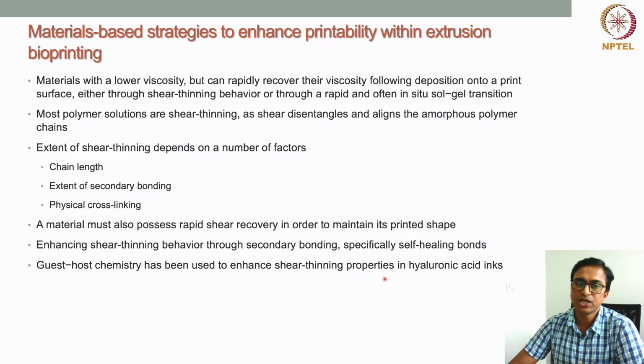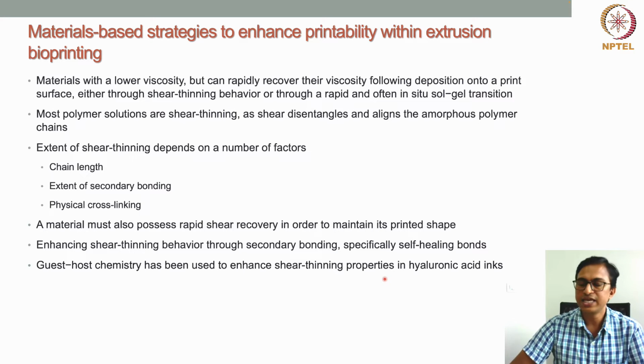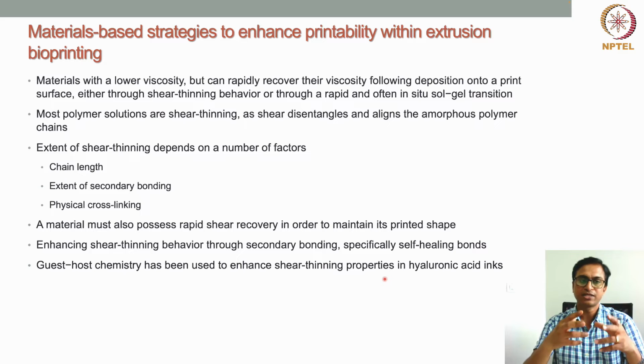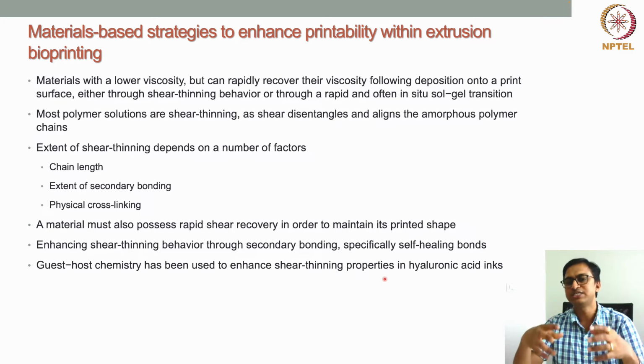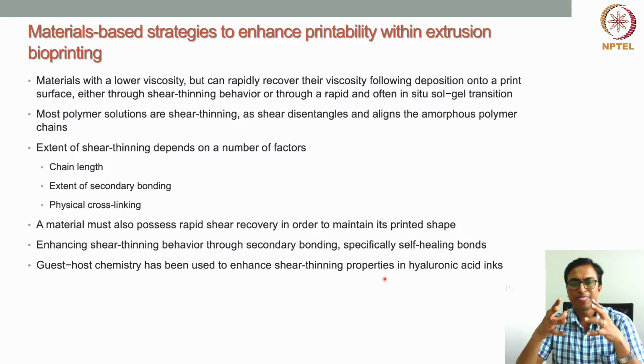The shear thinning nature arises because, as we have discussed earlier, these polymers mostly have long chains. These long chains get entangled with each other, and there are other interactions, such as intermolecular interaction between the polymer chains. That basically forms a network, and because of the network, this material behaves like a highly viscous material.